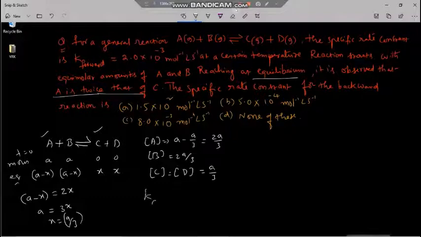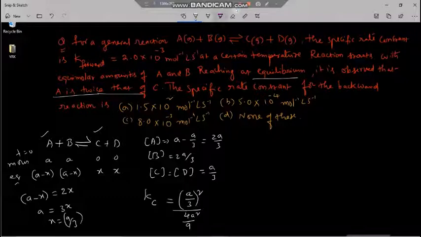Now you can find what Kc is. The Kc for this reaction is equal to C into D divided by A into B. C is a by 3, D is also a by 3, so a by 3 whole square, divided by A into B. A is 2a by 3, B is also 2a by 3, so 2a by 3 into 2a by 3. It is 4a square by 9.